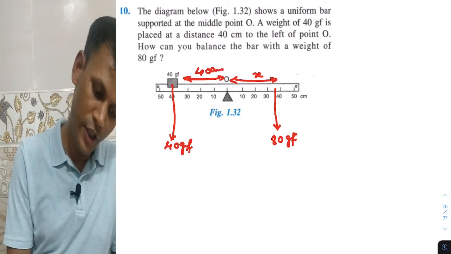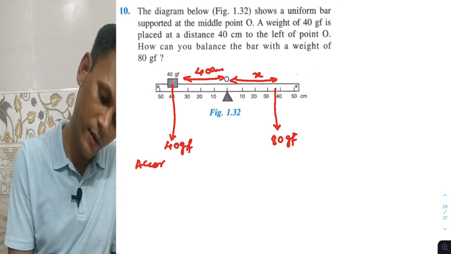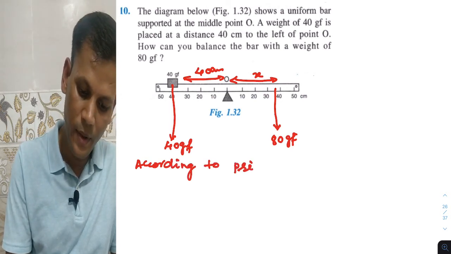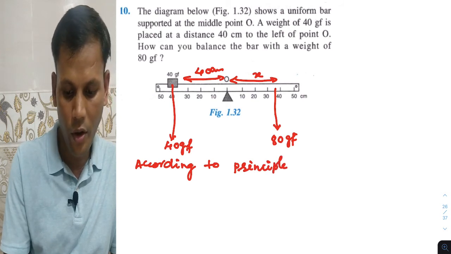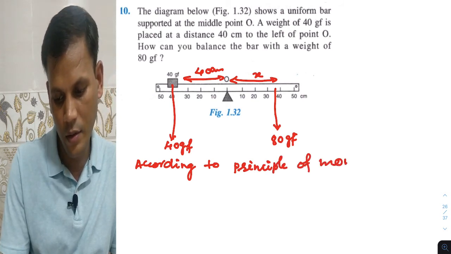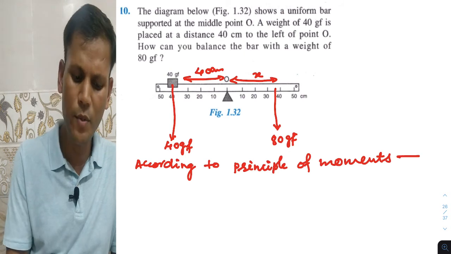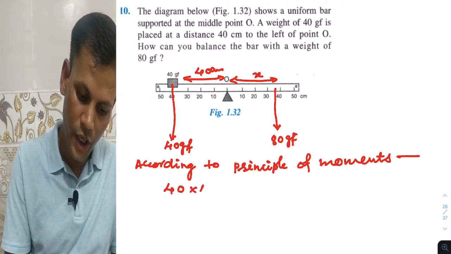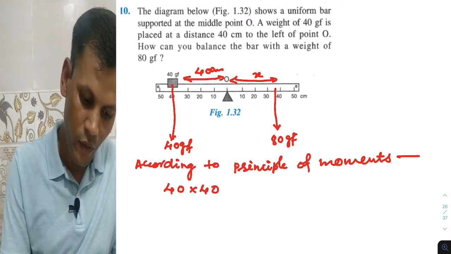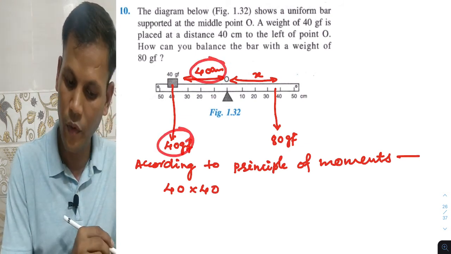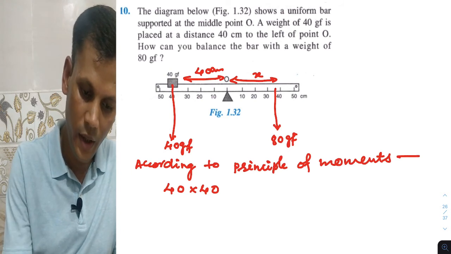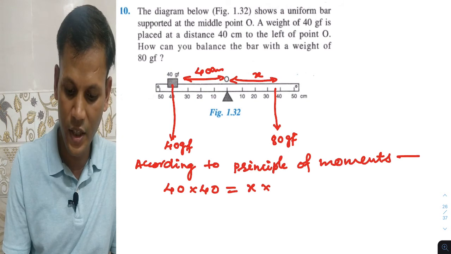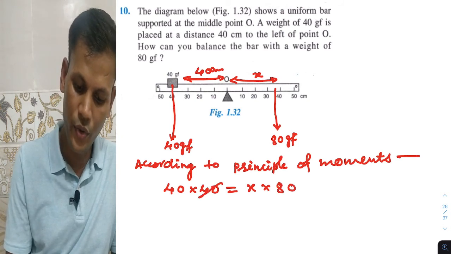So according to principle of moments, clockwise moment is equals to anti-clockwise moment. So 40 into 40, force into distance, will be equals to x into 80.